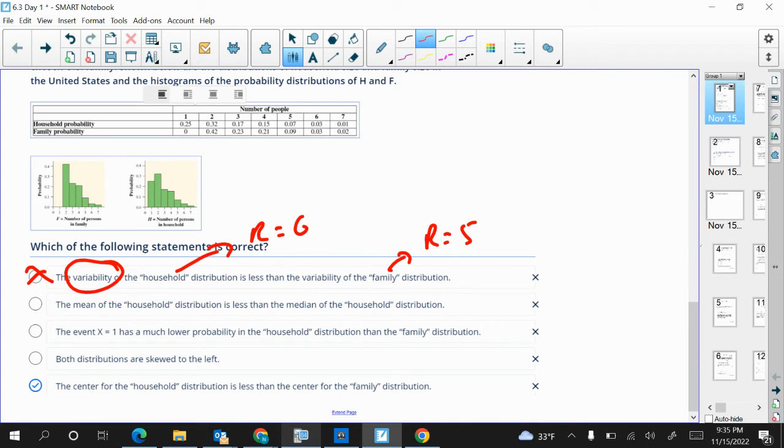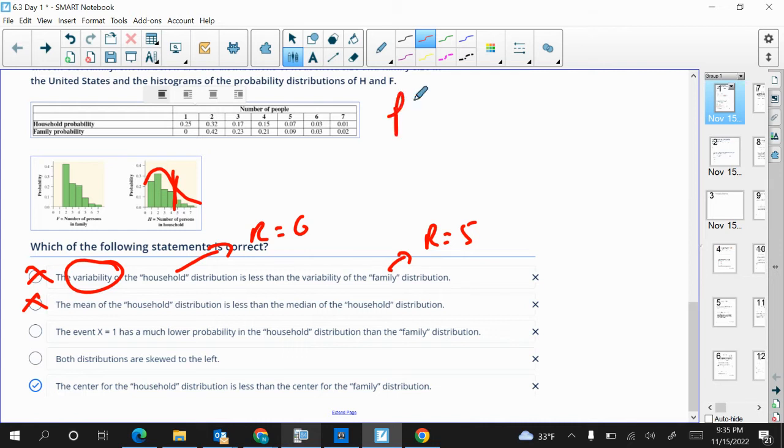The mean of the household distribution is less than the median of the household distribution. So household right here, we see that this is skewed right, which means that the mean is going to get pulled to the right. So it's not going to be less than that, it's going to be more than that. The event X equals 1 has a much lower probability in households.